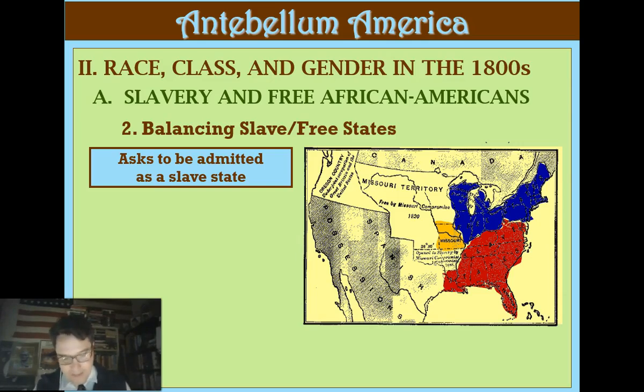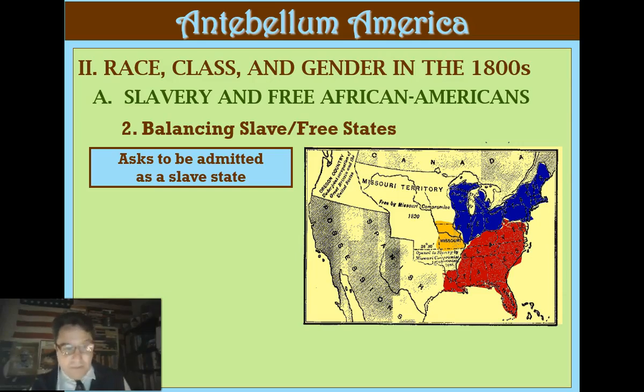And so one of these people, a New York representative named James Talmadge, introduced an amendment which said that slavery could exist in Missouri, for now, but that no new enslaved people could be brought into Missouri, and each enslaved person would be freed upon his 25th birthday.